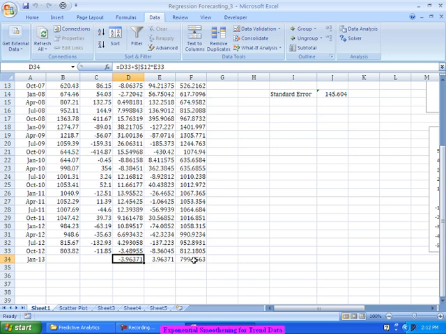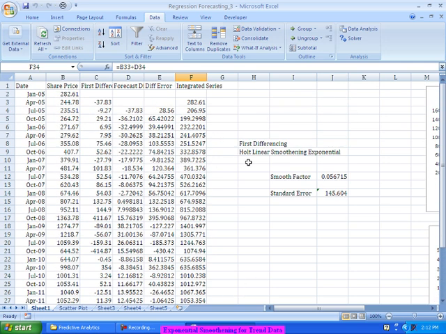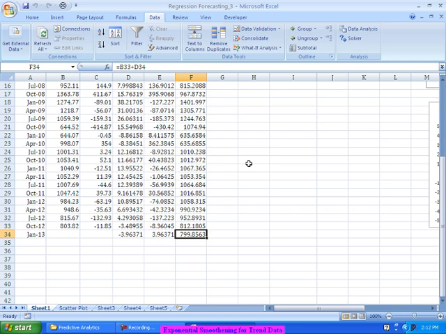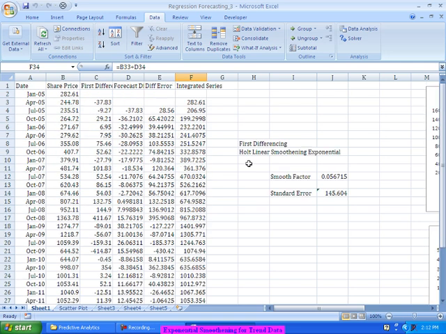A drop of 3.96 is actually giving me a number 799.85 in this case. So using the first differencing method, all I can say is for this kind of data series, 799.85 appears to be the value for the next quarter based on the first differencing method.